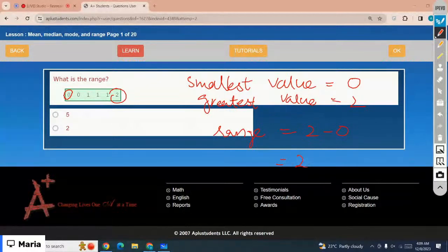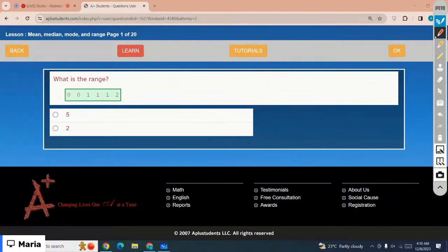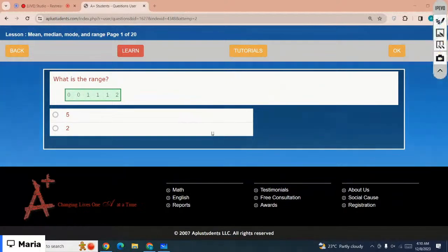That means you have the numbers between 0 and 2. Got it? The range of the data is 2. Got it, everyone? The correct option is 2, right? Okay, let's move on to the next example.